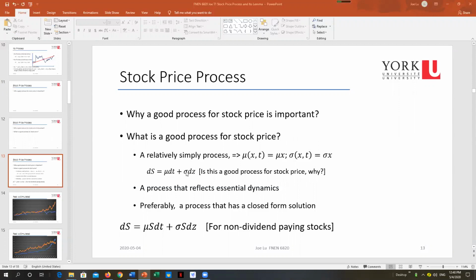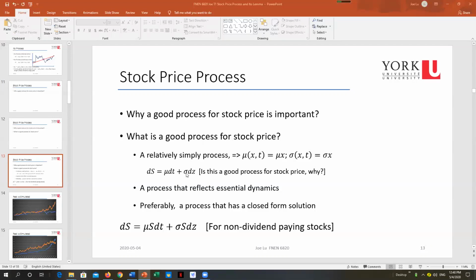Here, mu and sigma are just two different constants. They're not a function, they're a constant function. Now the question is, is this a good process for stock price or not?